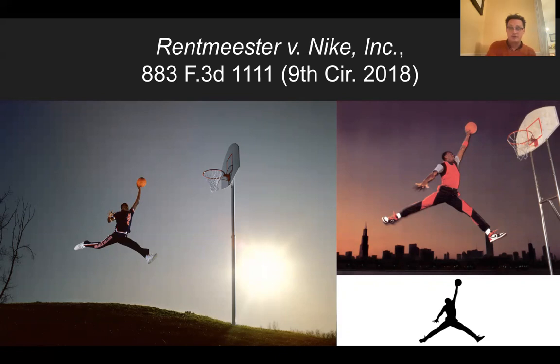So here, the concept of the pose can't be the basis of copyright infringement. That's too abstract. So are the photos similar? Sure, they're similar, but they're similar primarily because they feature Michael Jordan, not a copyrightable element, in a similar abstract pose, not a copyrightable element. And it seems like those 2 features are driving the overwhelming bulk of the similarity between the 2 photos.